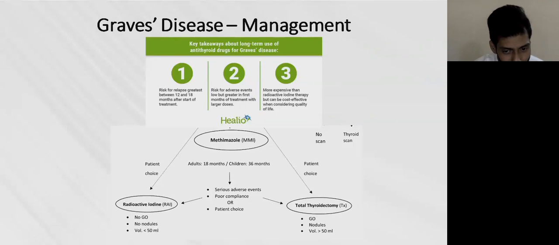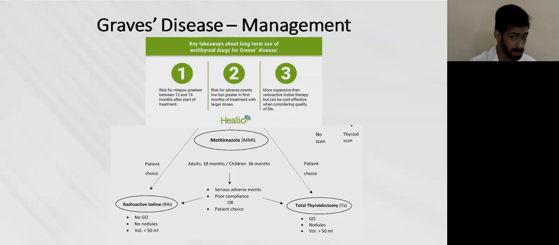Key takeaways, this is what I just said. But effectively what I want you to understand is most patients we start on antithyroid drugs. But what happens after 1 year to 18 months? You need to give them a definitive therapy. Do not forget that. And that definitive therapy can be ablation versus thyroidectomy depending on multiple factors. One, if you want to do ablation, you need to have no orbitopathy, like I said before.